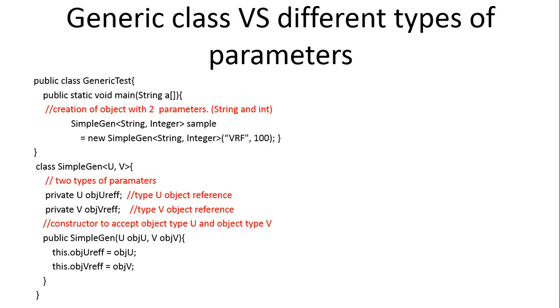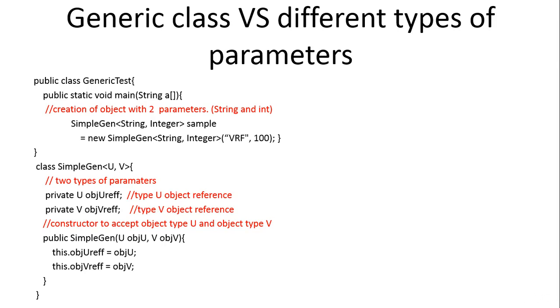Two types of parameters. The first one, private U obj, type U object reference. The next one is type V object reference, and also we have the constructor to accept object type U and object type V. So once again the logic is same, but we can change the data types.